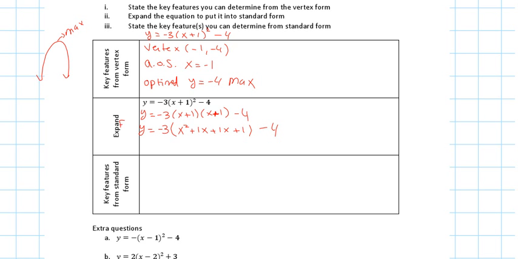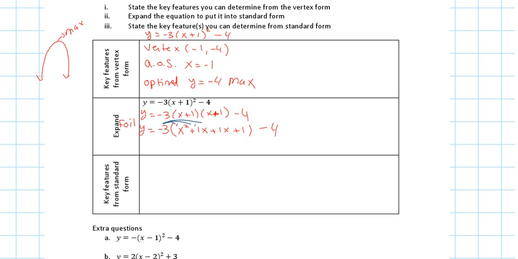Now, BEDMAS tells you when you do your FOIL, what do you do after that? Brackets. So I have 2 options here. You can either simplify inside your bracket first, or you can multiply the 3 in. I'm going to multiply the 3 in and do my simplification in one step. Okay? So I'm going to multiply that negative 3 in by using distributive property. So that negative 3 is going to multiply to each term inside the bracket only.